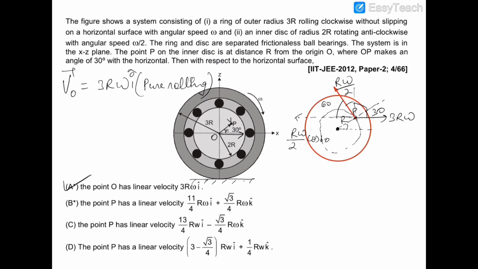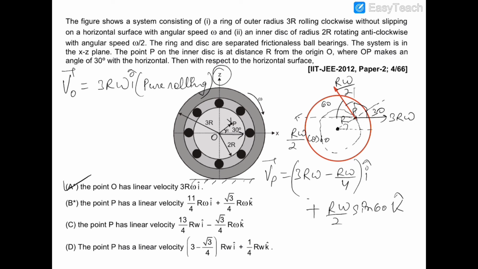So the velocity of point P will be 3r omega minus r omega by 4 I cap, because cos 60 is 1 by 2, plus r omega by 2 sin 60 in k cap, because this axis is z.